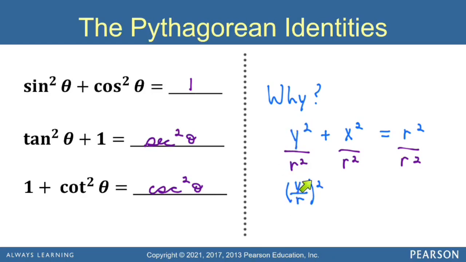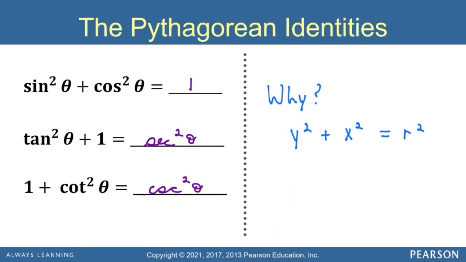So now we have y over r squared plus x over r squared, and that's going to equal 1 on the right side because r squared divided by r squared is 1. And now we know that y over r is sine, so y over r squared is sine squared theta. And we know that x over r is cosine, so x over r squared is cosine squared theta. And then the sum of those two equals 1.